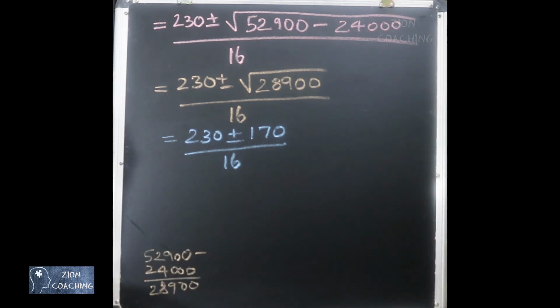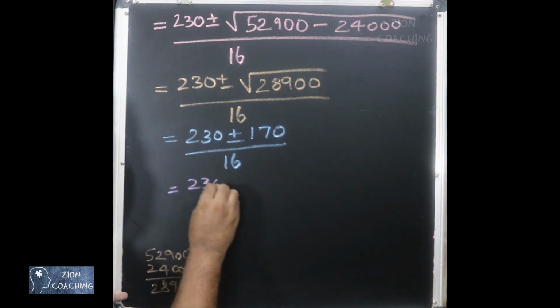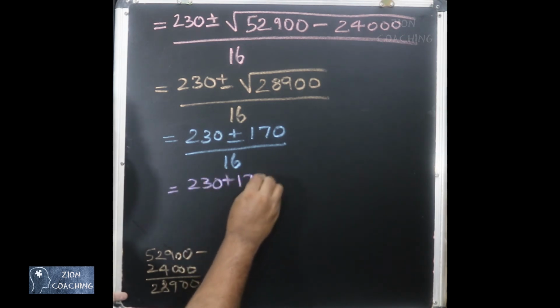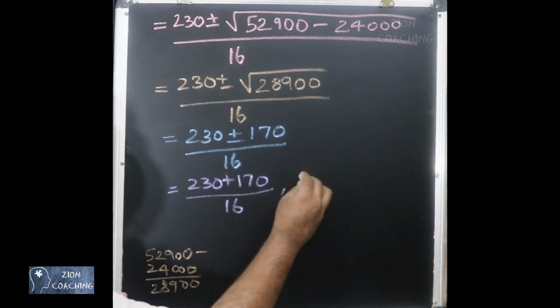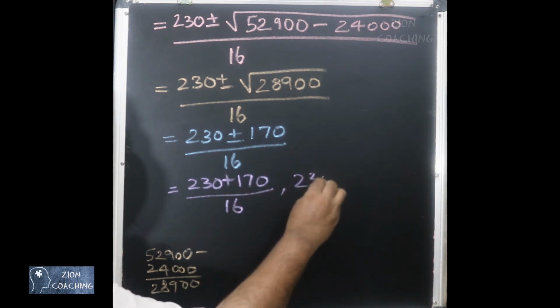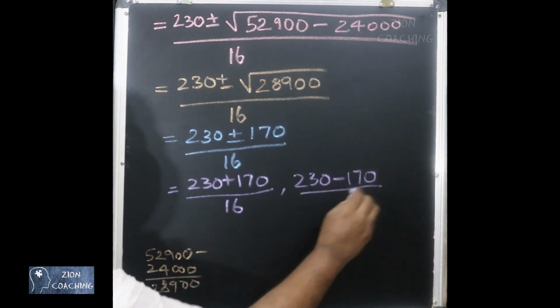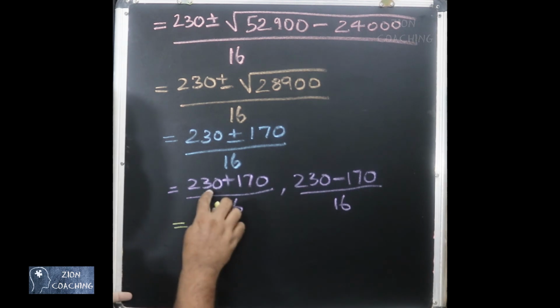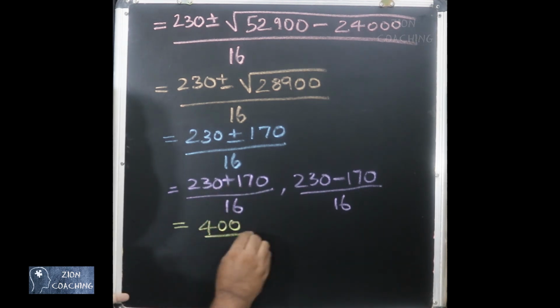So the first answer is going to be 230 plus 170 divided by 16, and the second answer is going to be 230 minus 170 divided by 16. When you add, you will get 400 by 16.